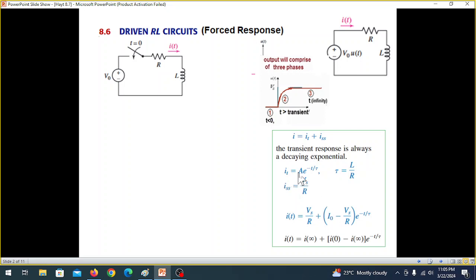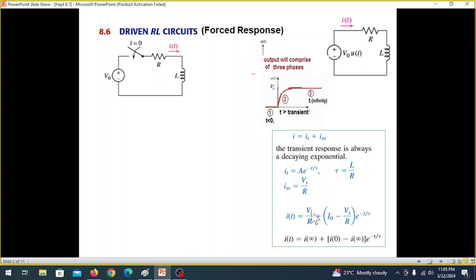The transient is given by A e raised to the power minus t over tau, where in the case of an RL circuit, tau is L over R. The steady state condition is when the inductor becomes a short circuit, so V over R is the current. This steady state current is Vs over R. Now adding the two, first calculating the value of A, we get this equation.